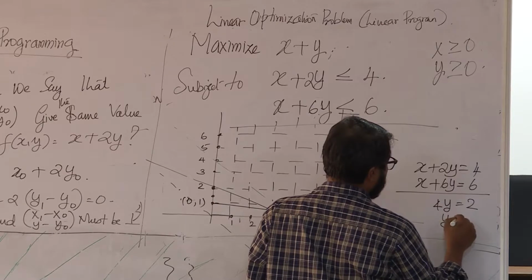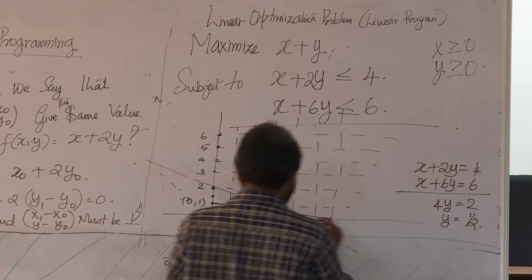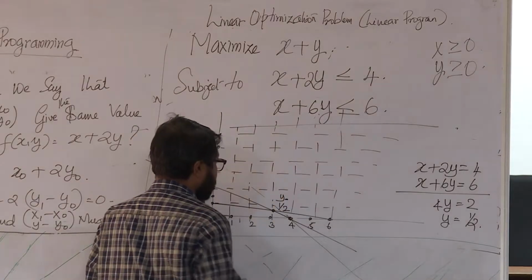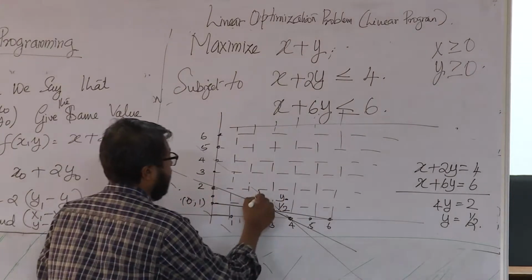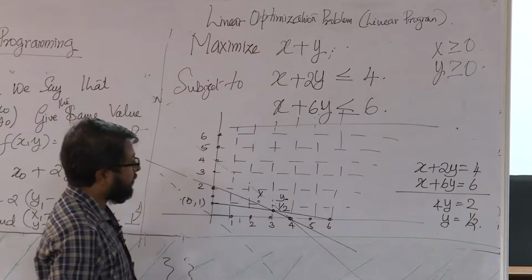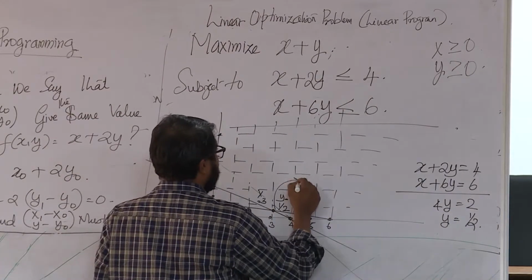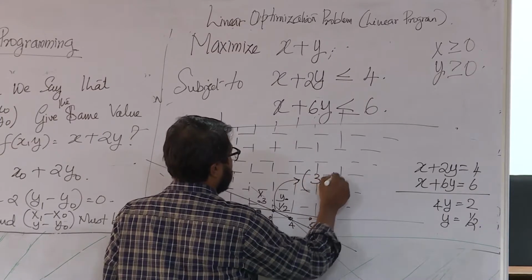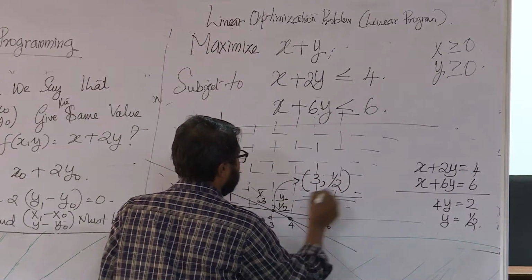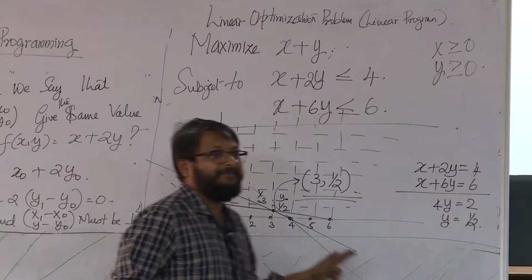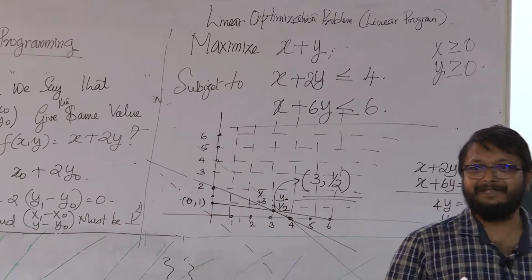So y equal to half. And what is the x value for this? x should be equal to 3. So this point is actually 3, 1 by 2. Although the appearance doesn't look so, the point is supposed to be 3, 1 by 2.